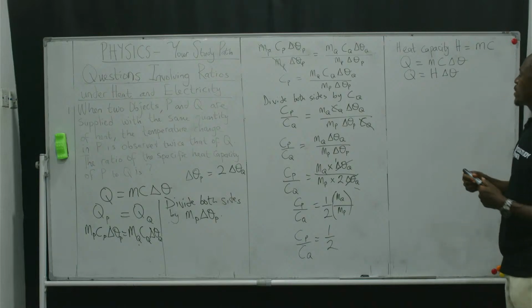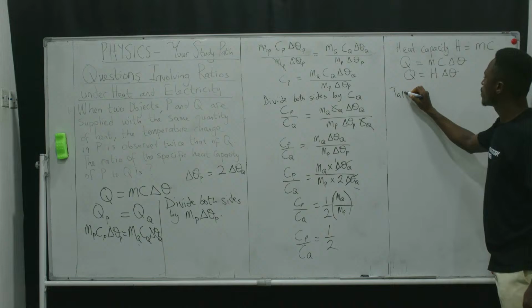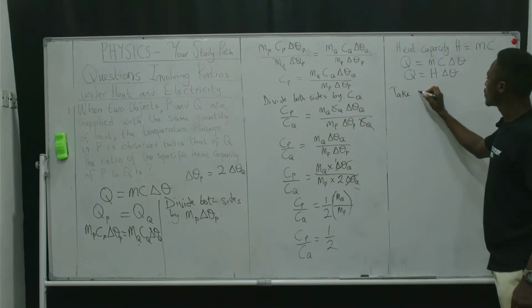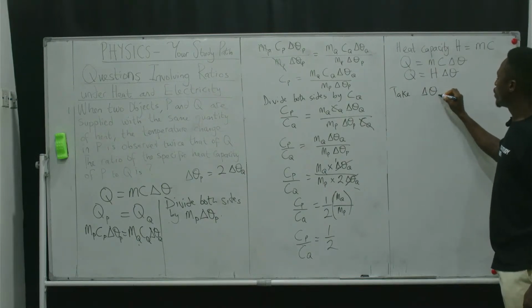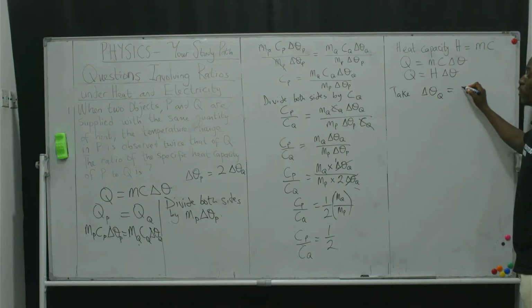And to fast track it, I'll say we are given, take your change in temperature for Q, change in theta for Q, as 1.